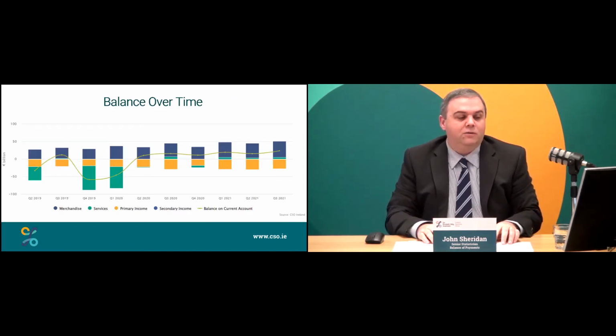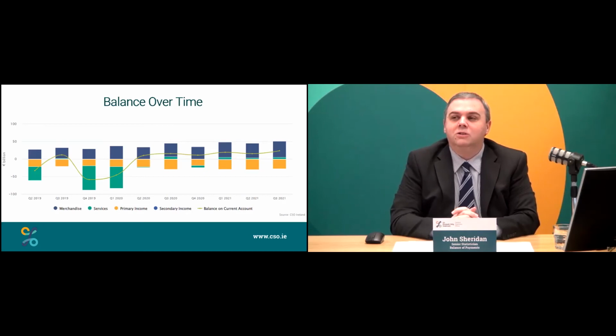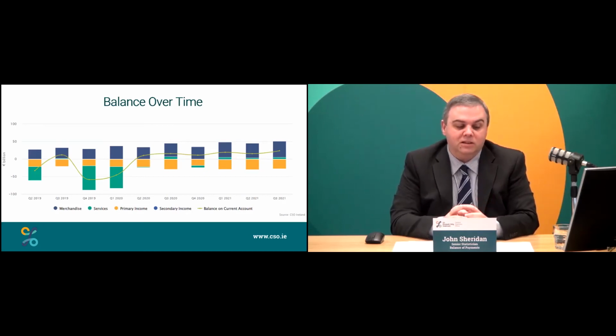Looking at the balance over time, again, we can see the much more stable series over the last few quarters. We can see the quarters with the large negative services balances, which are those green bars in Q2 19, Q4 19, and Q1 20. And these are where we signify the large IP imports. We can also see the fluctuation in Q3 and Q4 2020 that was driven by the change in royalty imports between those two quarters.